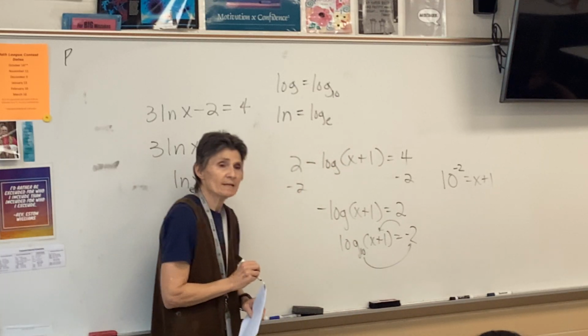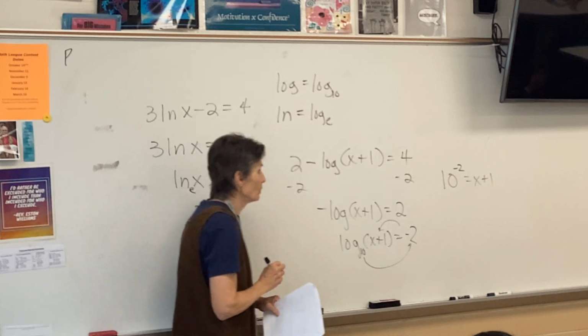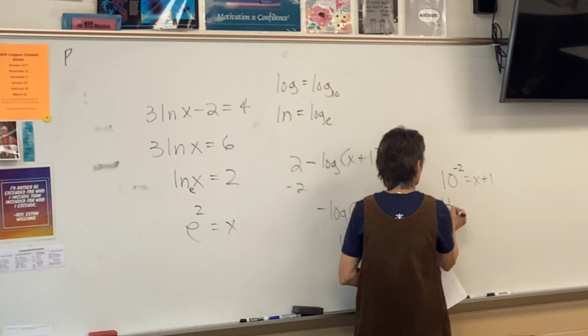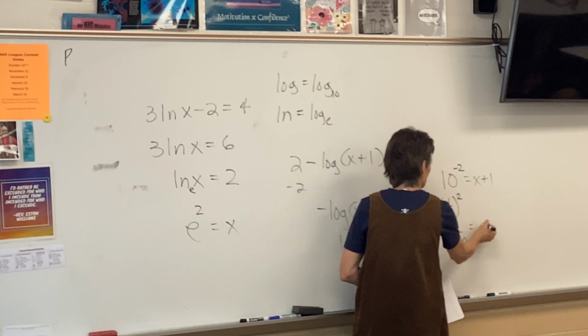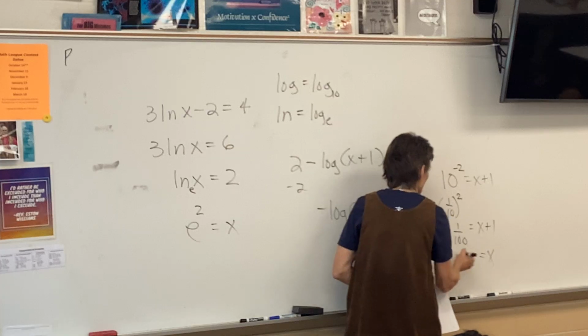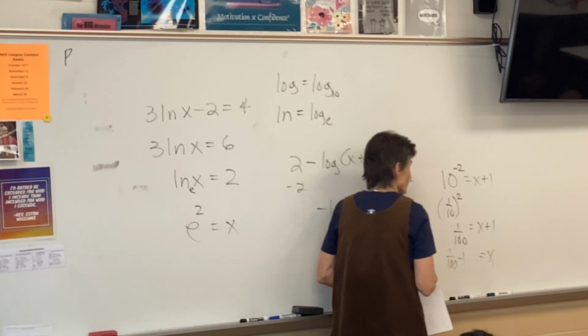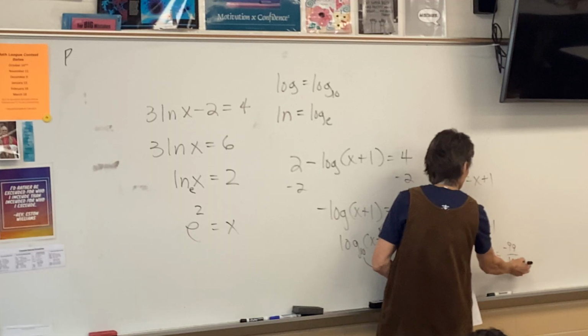What is 10 to the negative 2? Well, it's 1/10 squared, which is 1/100. So x equals 1/100 minus 1, or negative 99/100.